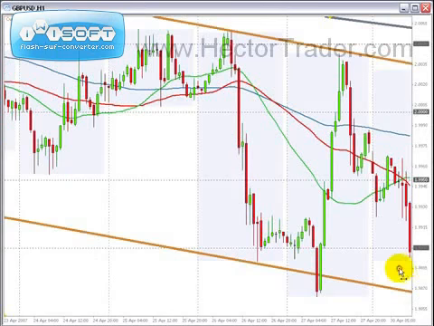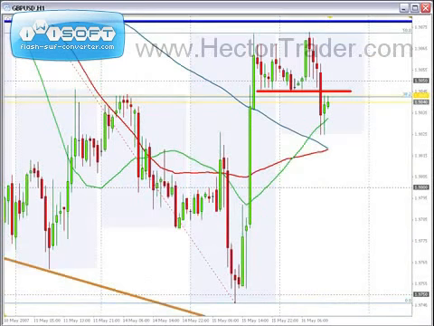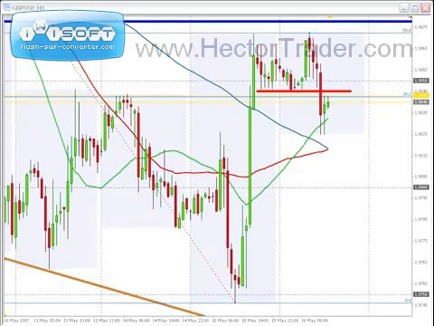I'm liking the short entry, which of course will be triggered as I begin to make new lows for the day. The stop loss will be placed above the round number 198.50, and for my target price, I'm going to use the average daily range, which is one of my techniques for establishing price targets.